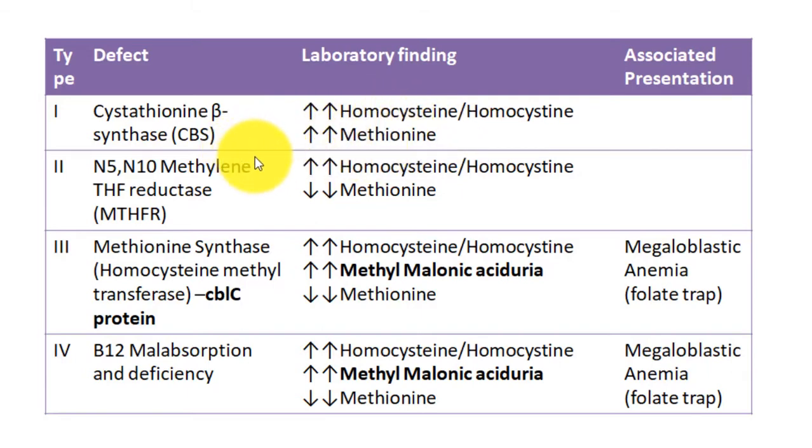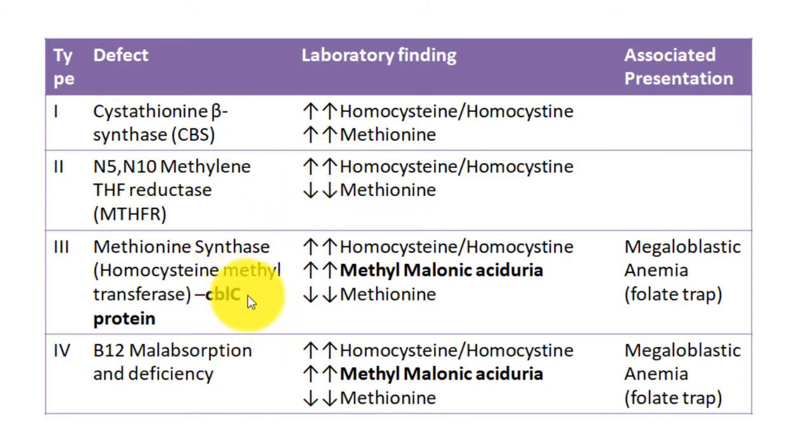But in the other non-classical homocystinuria, we will see the reverse trend: homocysteine is high and methionine is low. This is a very important finding that helps to separate classical from non-classical. Classical has very high methionine and homocysteine, but non-classical has low methionine and very high homocysteine.